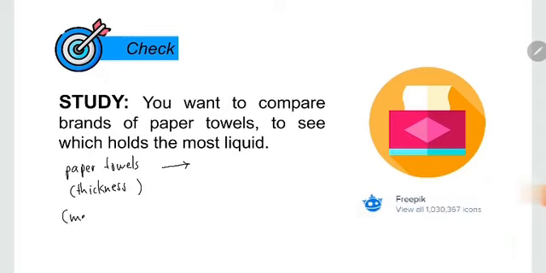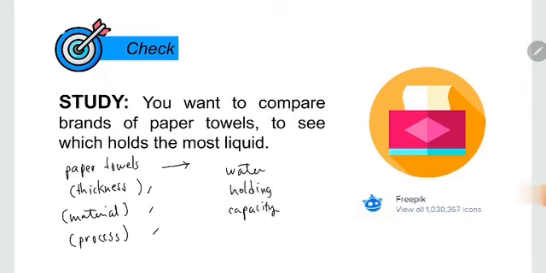You can have different material na ginamit ng manufacturer. You can have different process kung paano ginawa yung mga paper towels na yon. Gusto mo malaman kung paano naka-apekto ang mga factors na to doon sa kanyang, kumbaga, water holding capacity. So, these are the causes. Ito yung effect. Naging epekto.